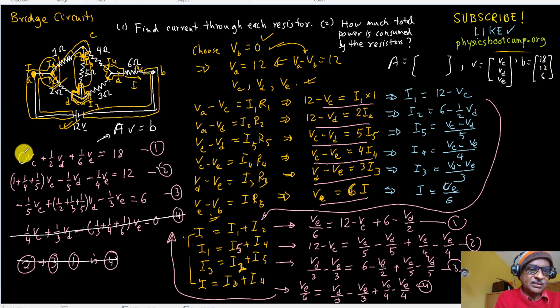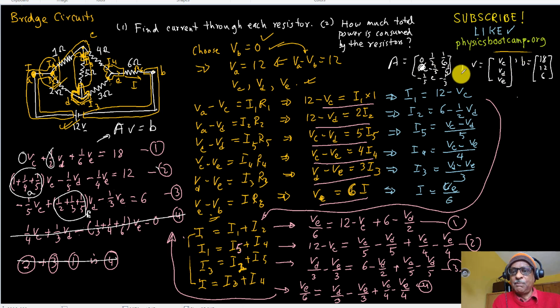A will be these numbers that go over here: 0, half, 1/6, and then you'll have this number go over there. Let's call it A. Then this is minus 1/5, and this is minus 1/4, and this is minus 1/5, and I'm going to call this C, and this is minus 1/3.